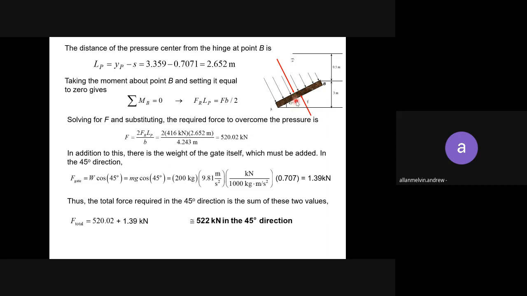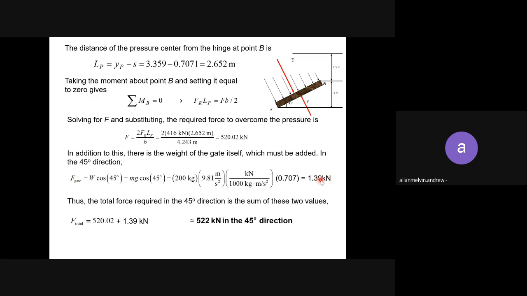So moving downward. So you know the F of the gate is W, the weight, times cos 45. So weight is mg. So m is 200 times 9.81. So this unit conversion times cos 45 is 0.707. So the weight of the gate is 1.39 kilonewton.